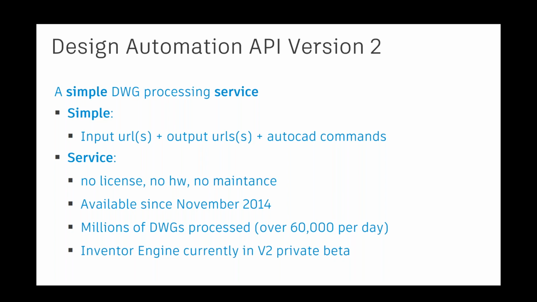There are clearly some benefits here where you don't have to manage the licensing or hardware. We're looking at how many versions of Inventor we want to support up in design automation. AutoCAD I/O has been available since November 2014, so it's been around a while, and it's published millions of DWGs already. So there's an existing platform for automating desktop workflows in the cloud that we're now leveraging for Inventor.